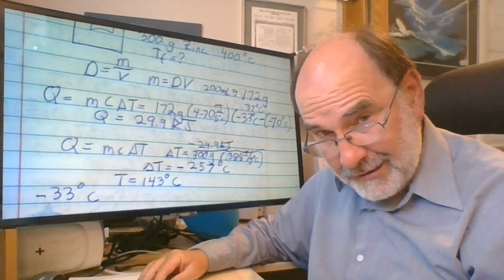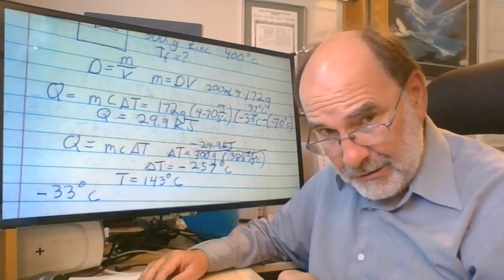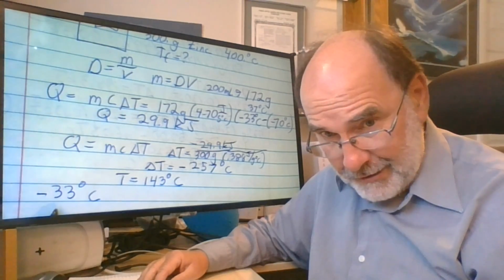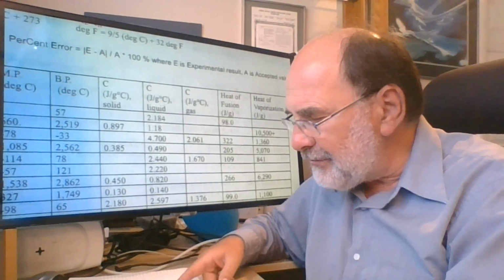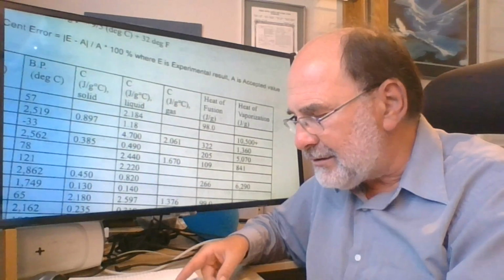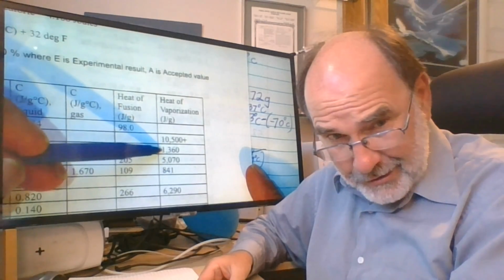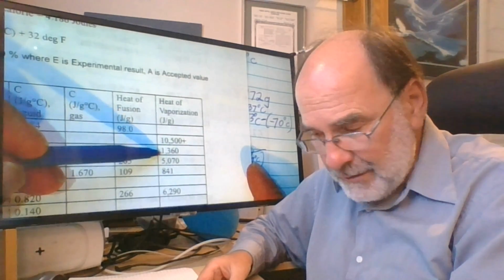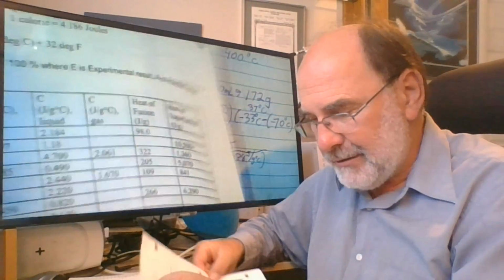So there's more that's going to take place. What I would do next is attempt to vaporize the ammonia. And just trying to get a guess for it, on this chart, it says the heat of vaporization of ammonia is 1,360 joules per gram. That seems like a lot, relatively.